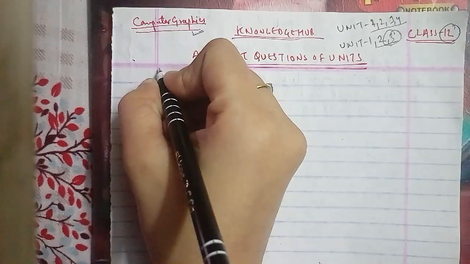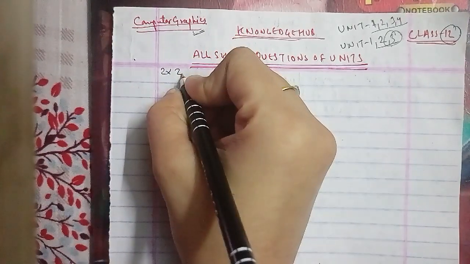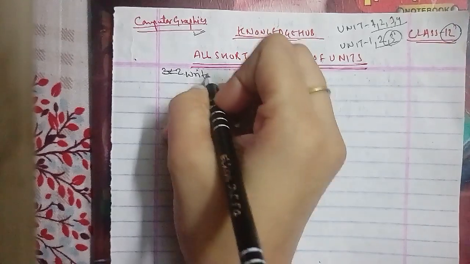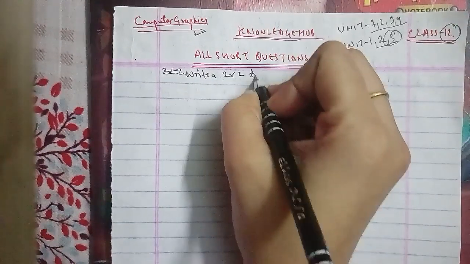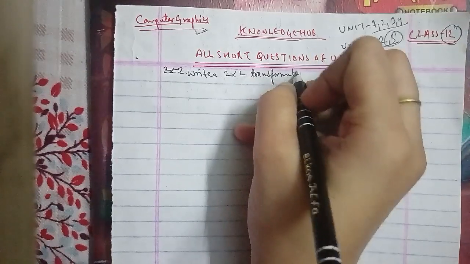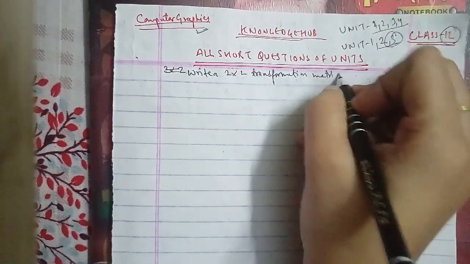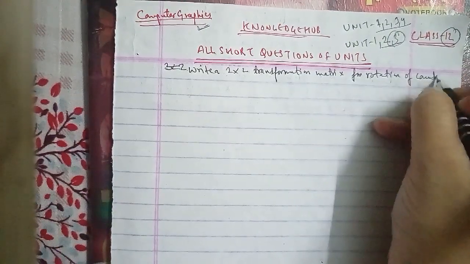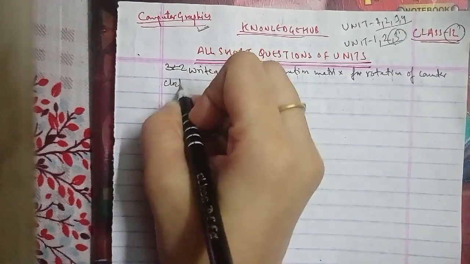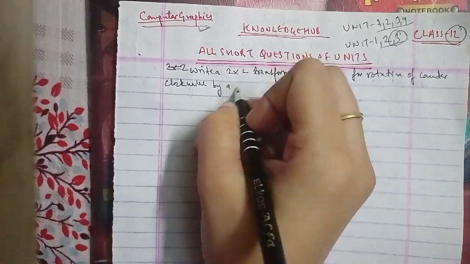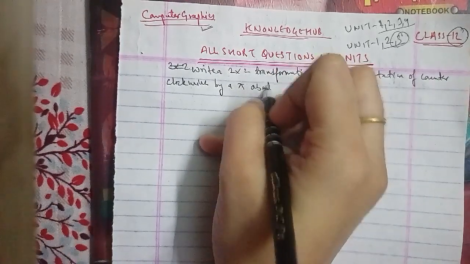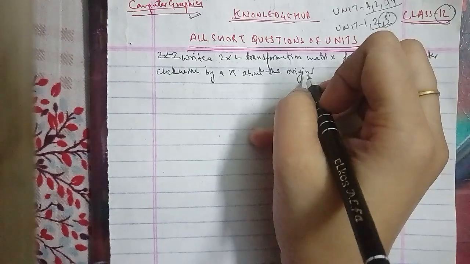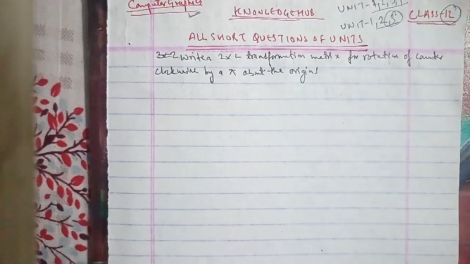The question is, write a 2 cross 2 transformation matrix for the rotation counterclockwise by pi about the origin. So here, the value we have is R.